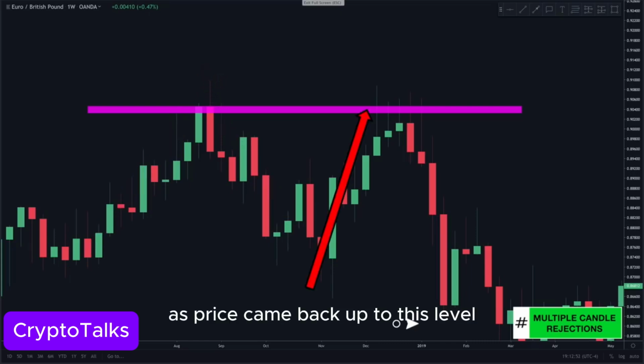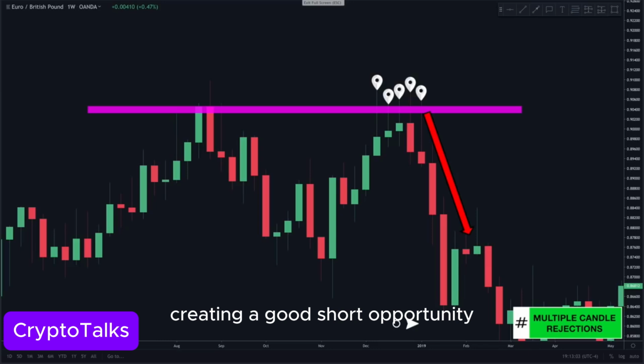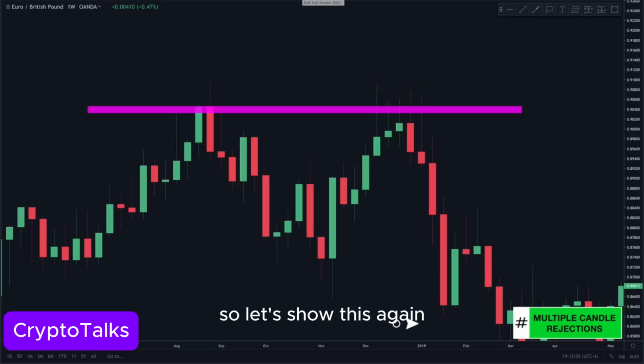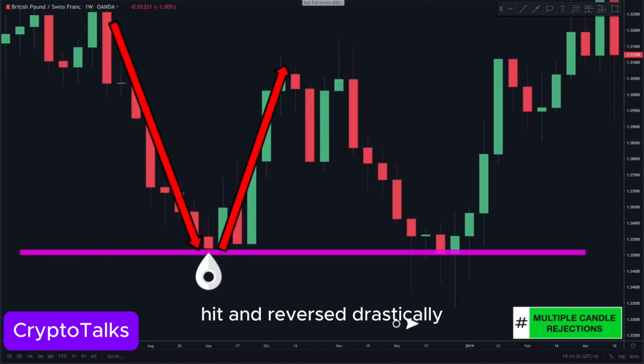As price came back up to this level, we see this level of resistance rejected by 5 candles in total, where price tried to push higher but failed, creating a good short opportunity. So let's show this again. We look left and notice price came down, hit and reversed drastically.